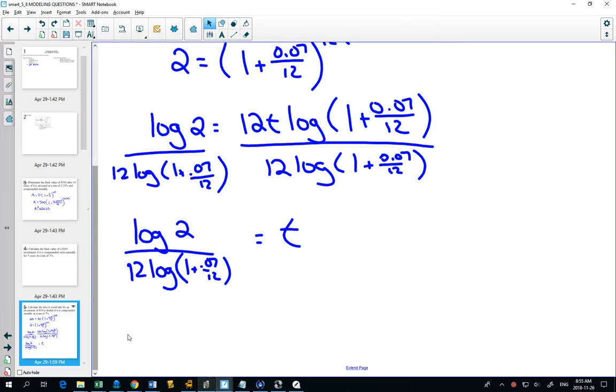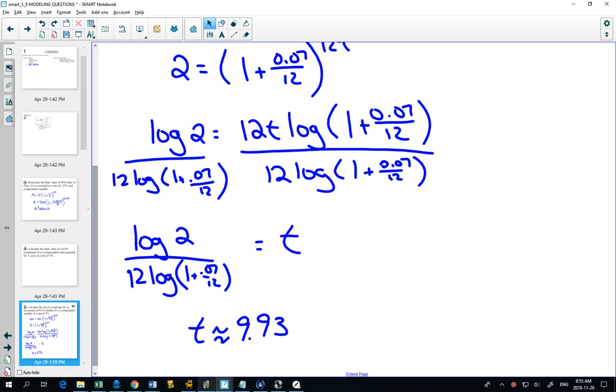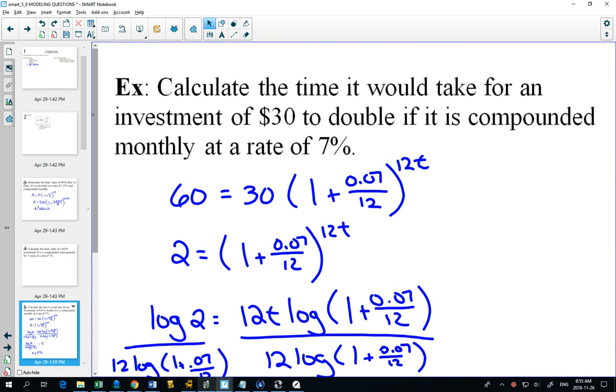The nice thing about exponential functions is that after you've solved it, you can plug it back in and see if it equals what it's supposed to equal.